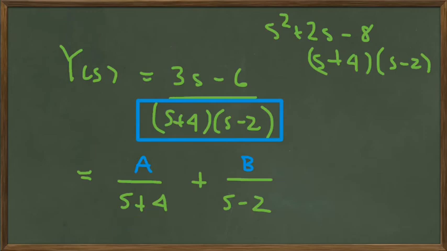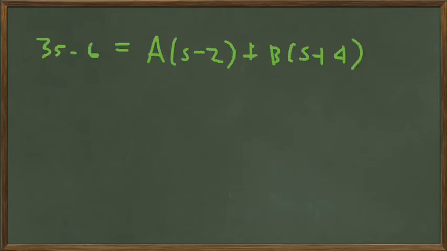Then when we multiply the s plus 4 times s minus 2 times this expression, the s minus 2 cancels out, and we're left with b times s plus 4. So to solve one of these equations, remember we zero out all factors but one on the right side, by choosing values of s.